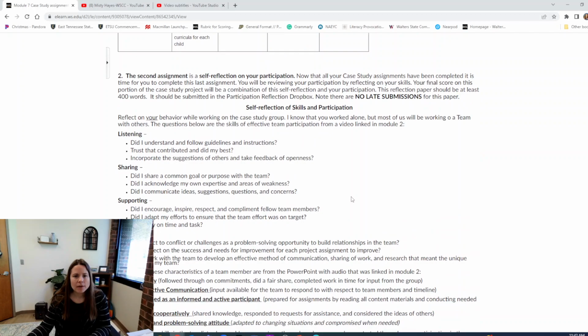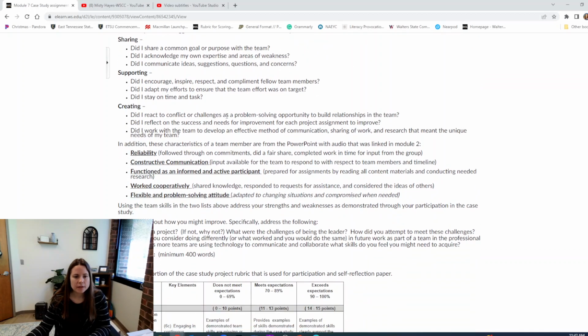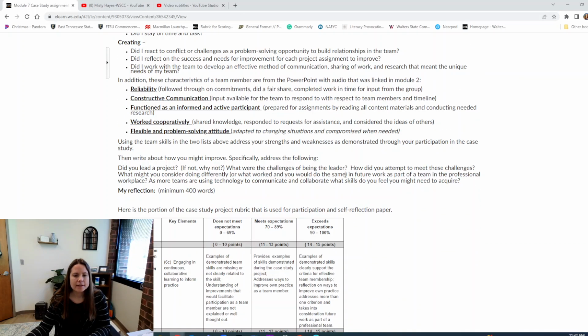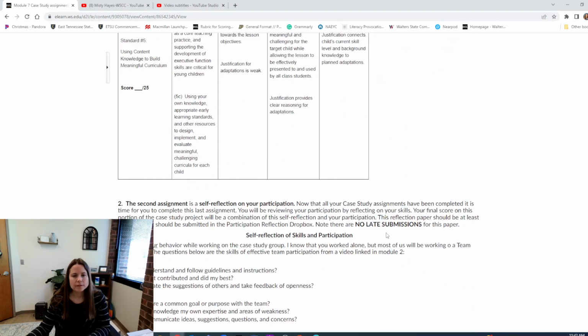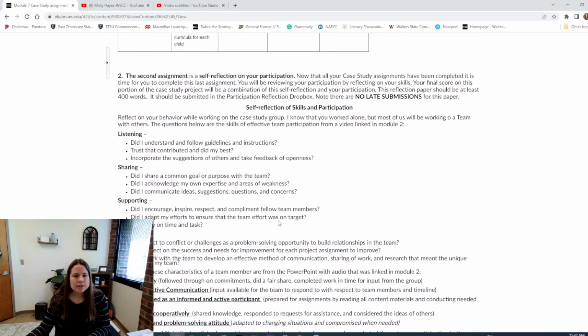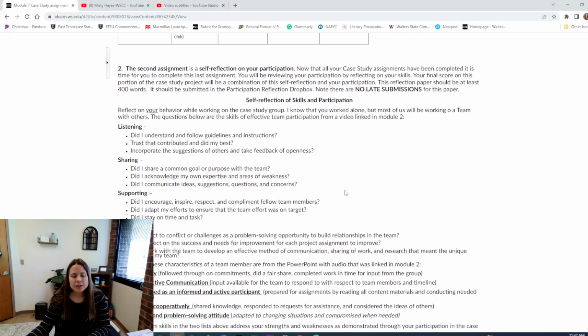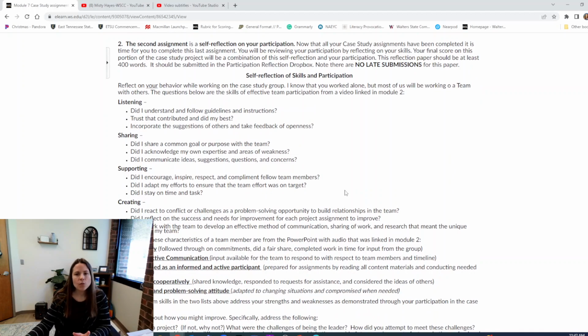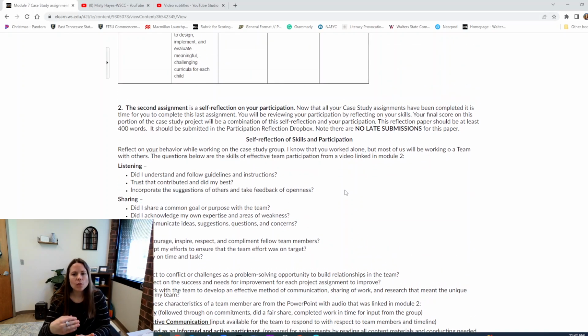Now, the second part is your reflection and participation on the case study assignments that you've done. So I want you to read through this and think about how you can improve. Because remember, even though we didn't do this case study assignment as a group, which I have before, this is just letting you see when you are working as a teacher, you are going to be collaborating with another teacher or with an assistant, right?